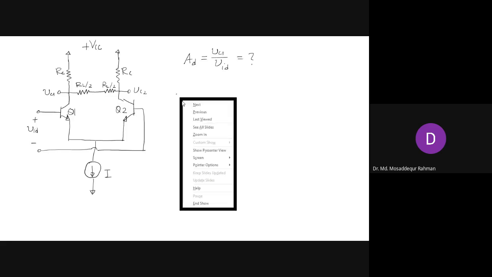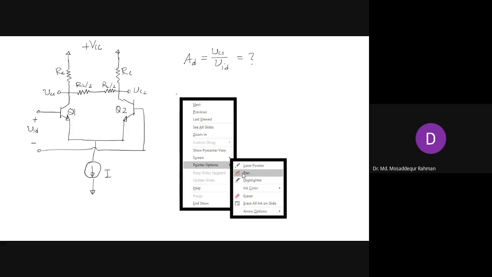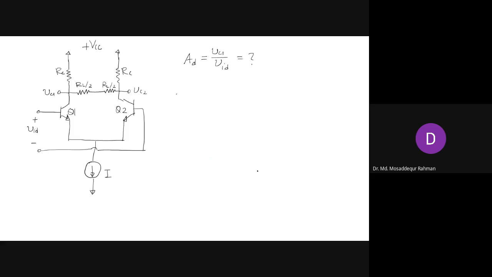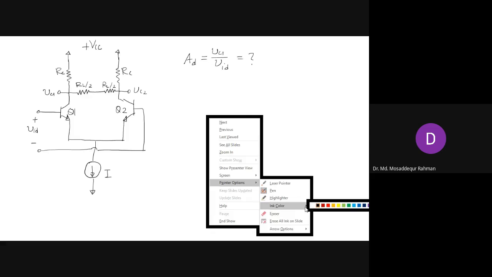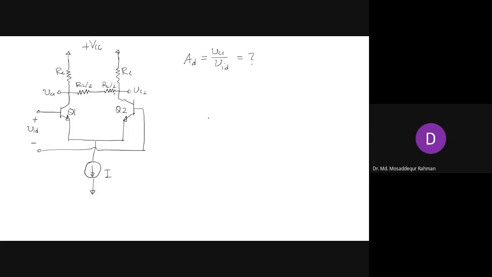Then this voltage VOD will split into two halves. So we have VOD by 2 across this, and the other VOD by 2 across this.